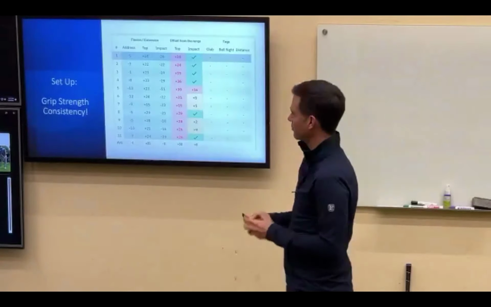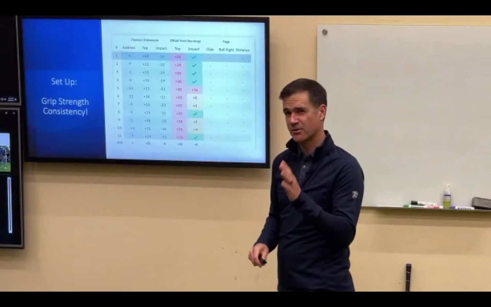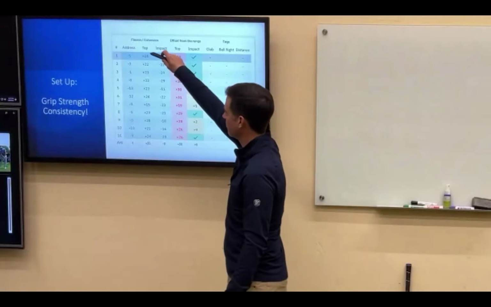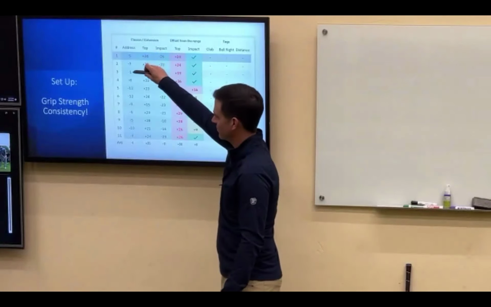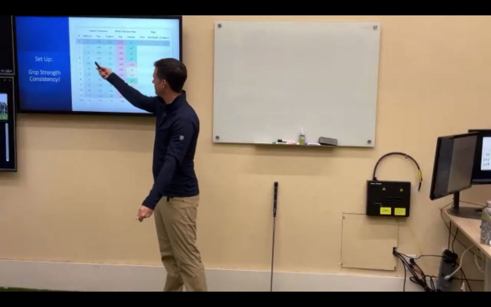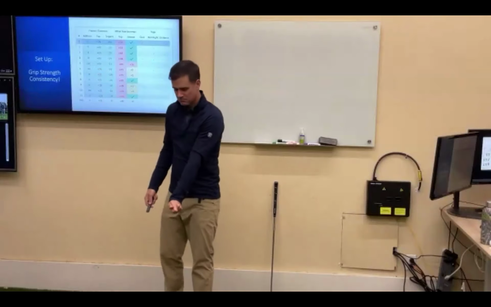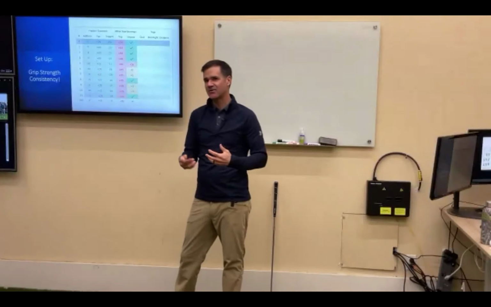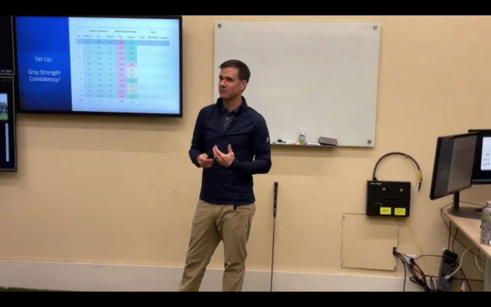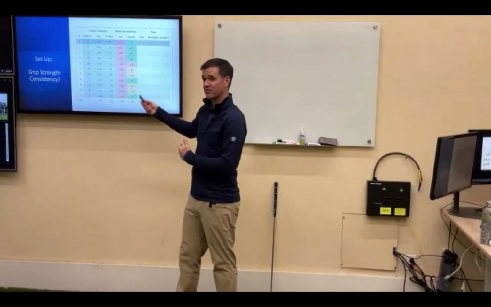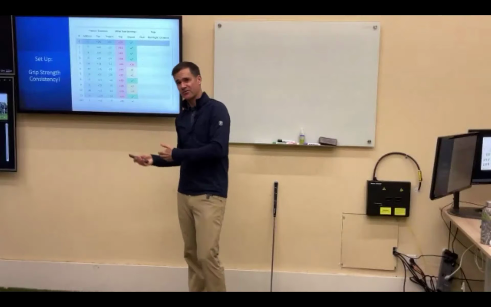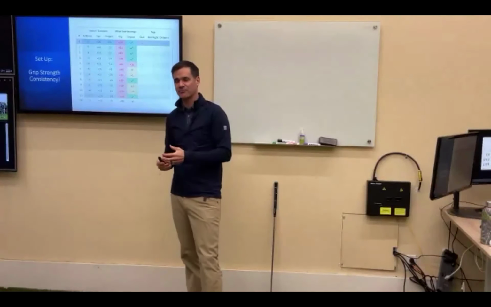Like I said, the bigger goal is trying to get some grip strength consistency. So this particular golfer, you can see in their course of 11 different swings, it went from basically flat at -1 to -12. So changing 10 or 11 degrees is probably a little bit too much. Now, it's possible that this golfer was working on the grip, in which case, okay, good job, you were changing your grip pattern.